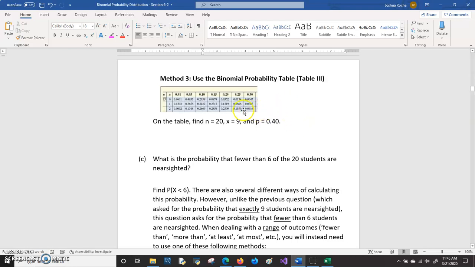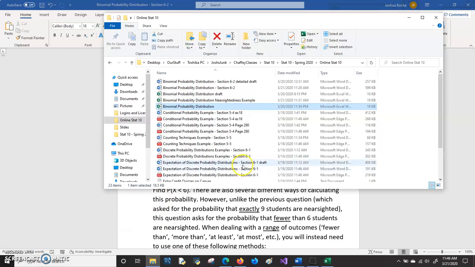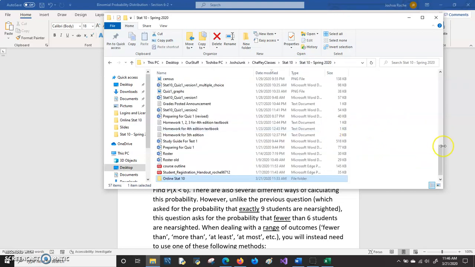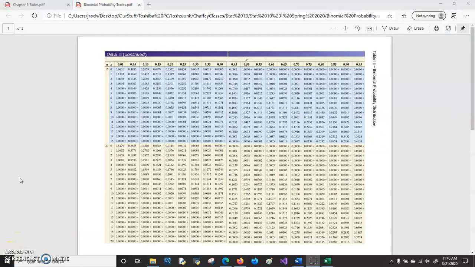So if you want to look at the table, let's see if I have it here. And here's the table. It's table 3 in particular.